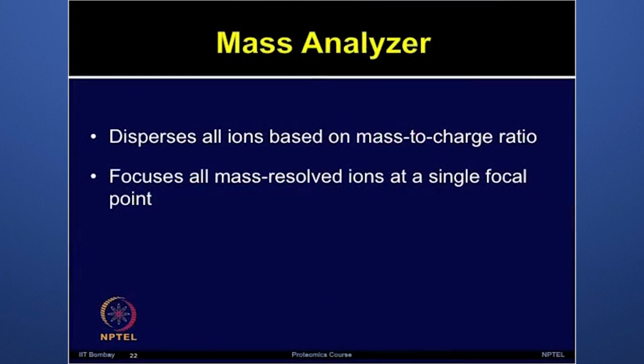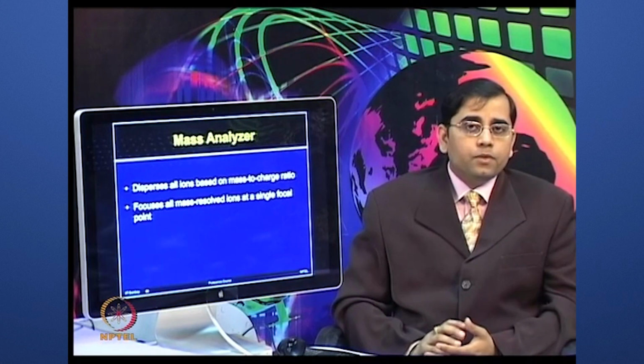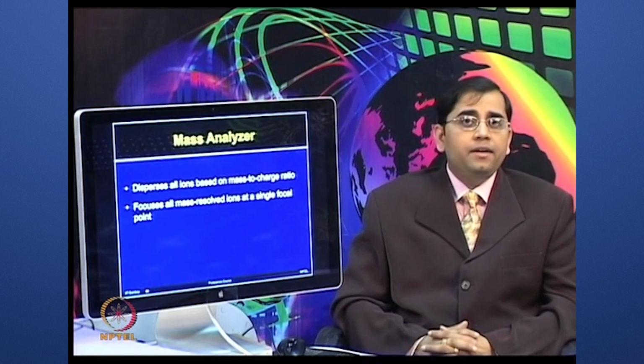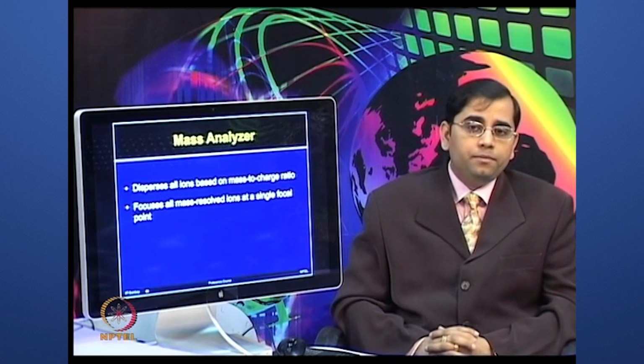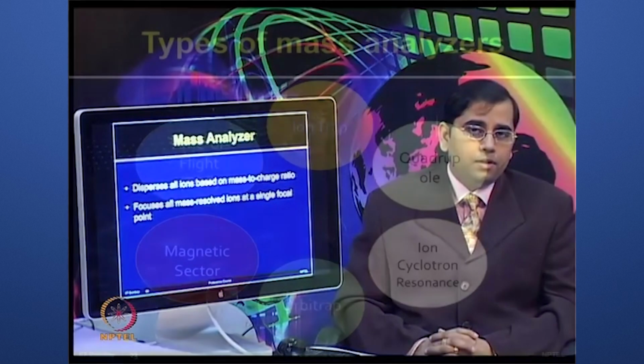First, it disperses all the ions based on their mass to charge or m/z ratio. Second, it focuses all the mass resolved ions at a single focal point. Therefore, all the ions entering the mass spectrometer can have their transmission maximized.